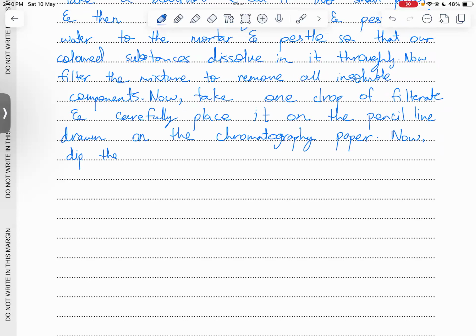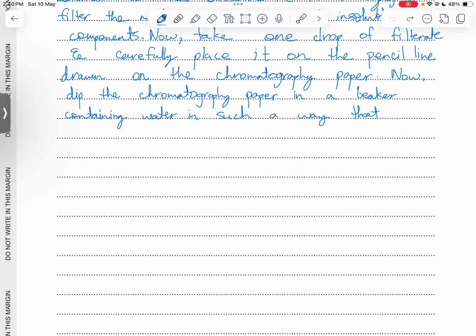Now dip the chromatography paper in a beaker containing water in such a way that the spot and pencil line are above the water slash solvent.